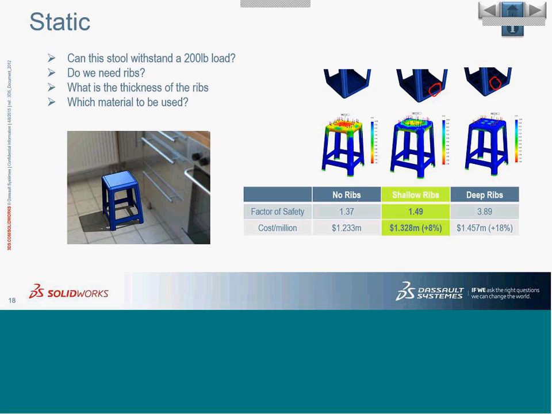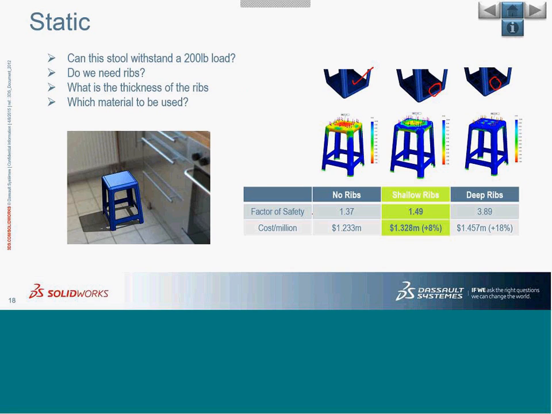From the images you can understand, the first stool is without ribs, the second has ribs, and the third one actually has deeper ribs. Obviously, as a designer, I want to understand which of these is better, which makes more sense to be designed and manufactured, and we obviously need a tool for it. Simulation can help you in understanding and doing that kind of thing.